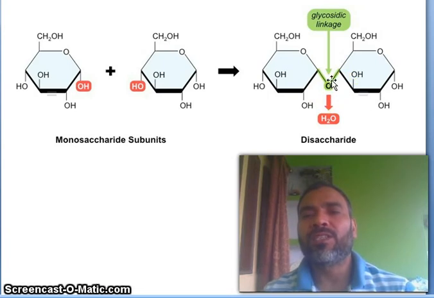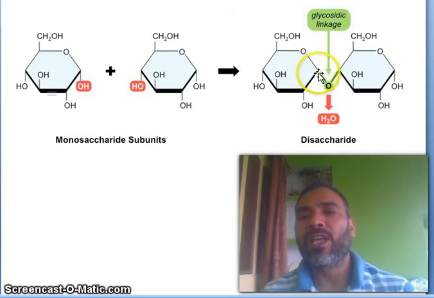In one lecture I will give full explanations of glycosidic linkage. Now you see this carbon and this carbon. This carbon is hemi-acetal and this carbon is acetal, because the carbon which contains two OR, you see OR and OR, is acetal.